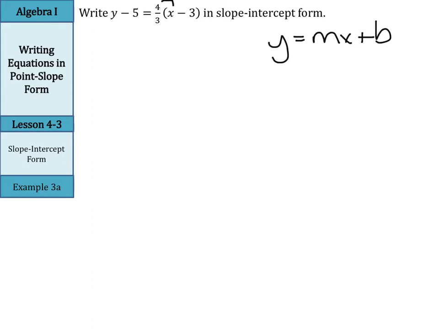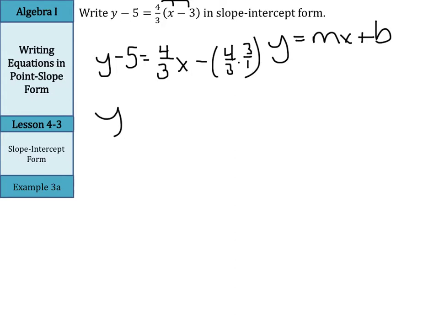So 4/3 will be multiplied by x and the negative 3, so we'll have y minus 5 equals 4/3 x minus 4/3 times 3 over 1.